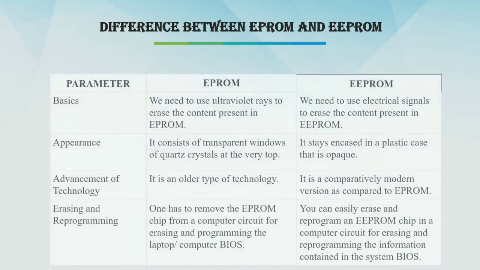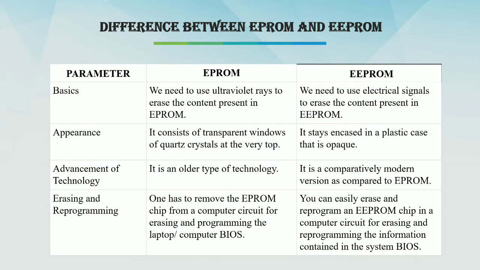Difference between EPROM and EEPROM. Basics: we need to use ultraviolet rays to erase the content present in EPROM, whereas we need to use electrical signals to erase the content present in EEPROM.